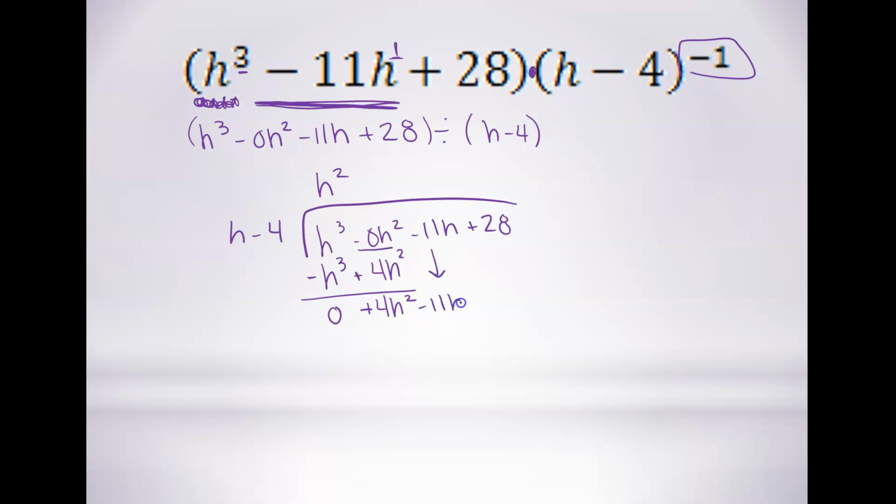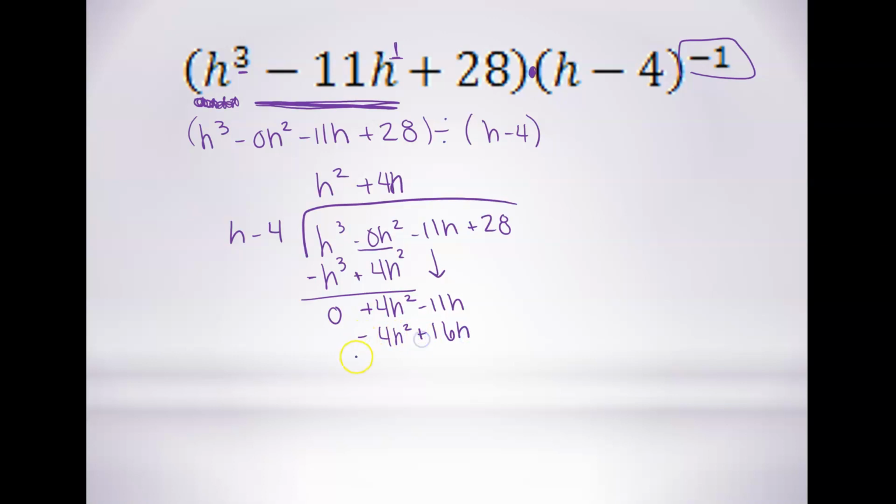And we bring down just one term at a time. So we bring down negative 11h. Once again, what do you have to multiply h by to get 4h squared? We need both a 4 and an h. So we get 4h squared minus 16h.